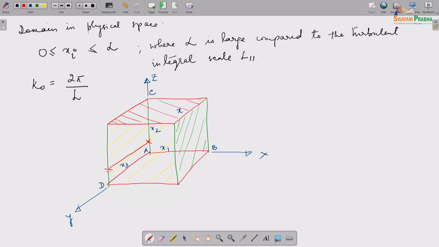That is x3, this is x2 and this is x1. Okay, and this x1, x2, x3 are much less than this L. So this is the domain that I am looking at.